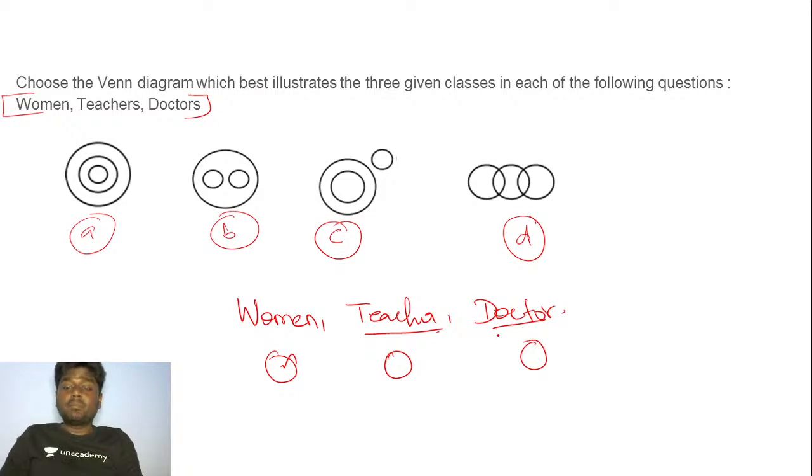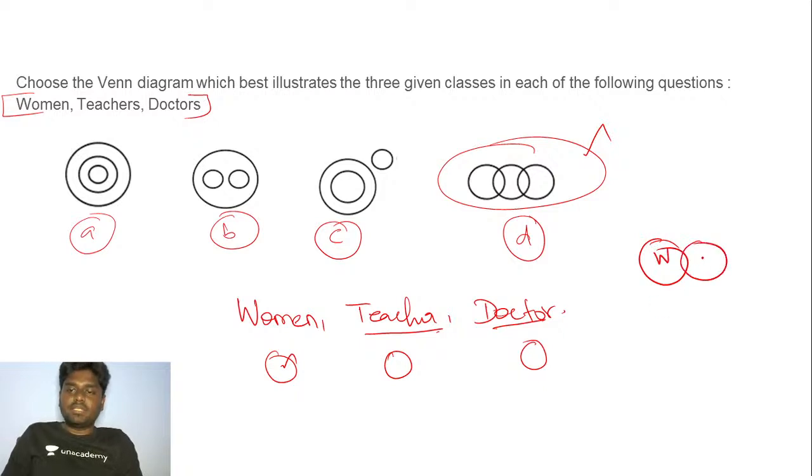A doctor can be male and a doctor can be female. So simply it's going to be option D. If this is women, some teachers can be women and some teachers can be doctors. That's it. Is that clear, guys?